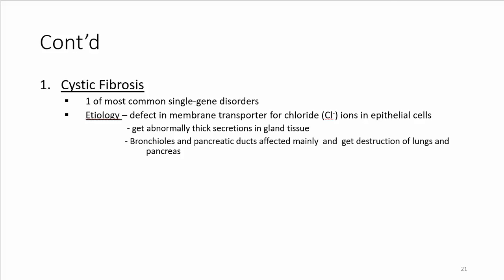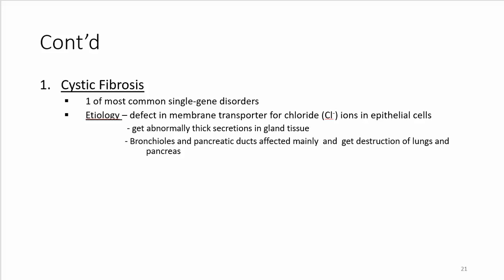It affects osmosis. Because of that, the secretions from glandular tissue are too viscous. They're not watered down enough, because this chlorine affects osmosis.